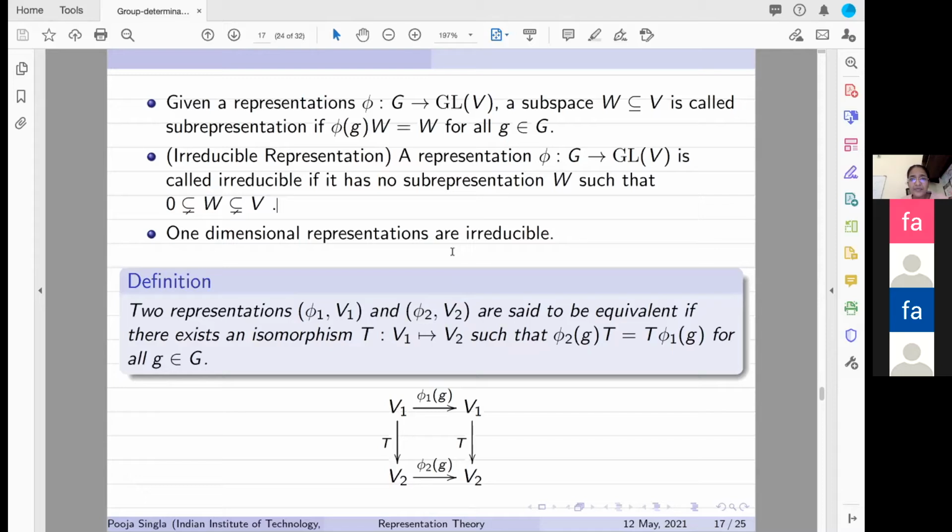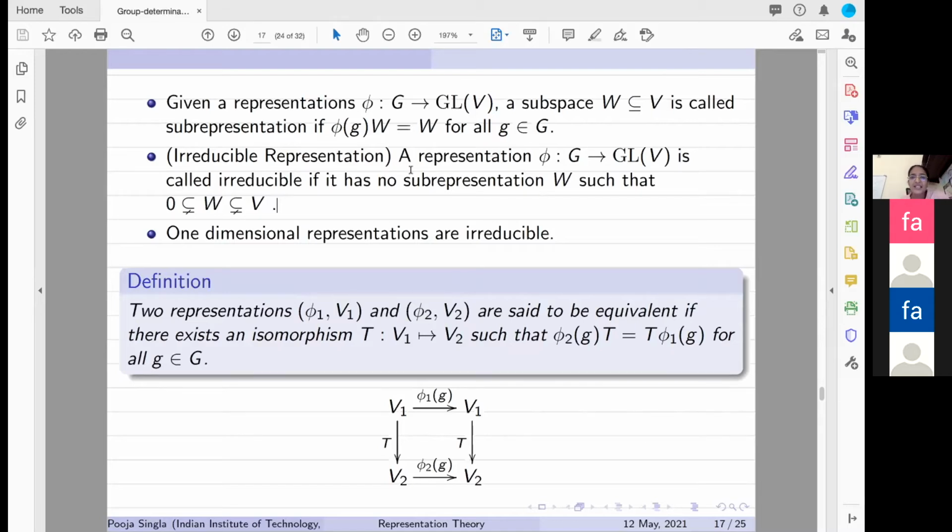I see a question, so maybe let me answer this. Is it okay if I answer this question now itself? Yeah, sure. It's up to you. Yeah, go ahead, Pooja. Is the subspace W a subrepresentation, or is phi restricted to W a subrepresentation?